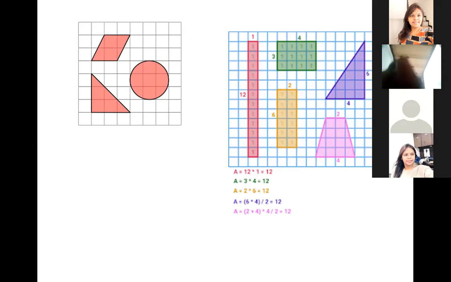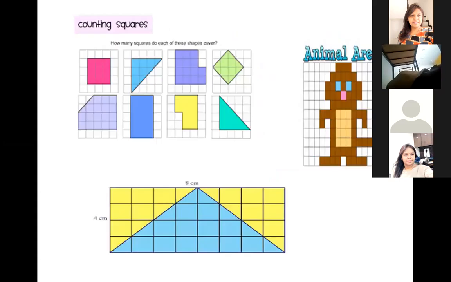So here is some example which is given to you. A figure which occupies some space, some space in two dimensions, is known as area.